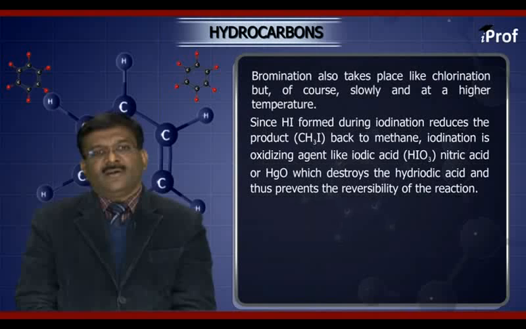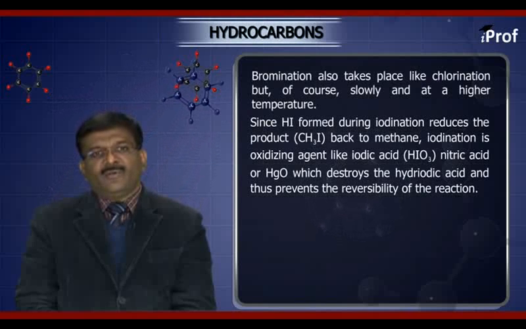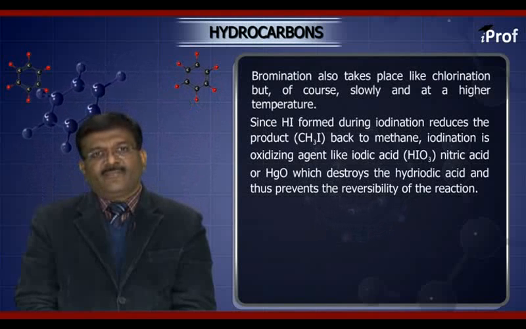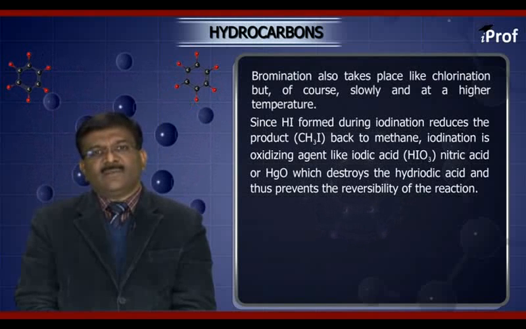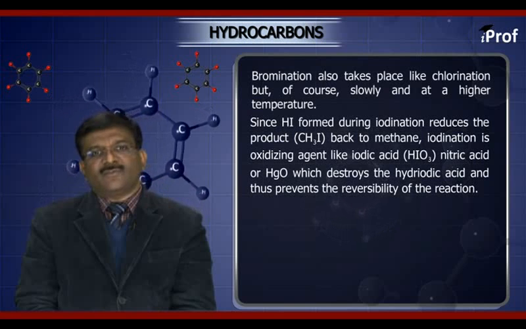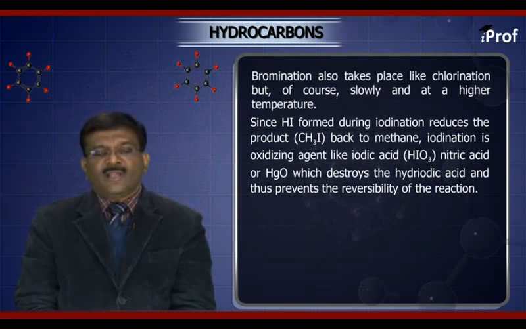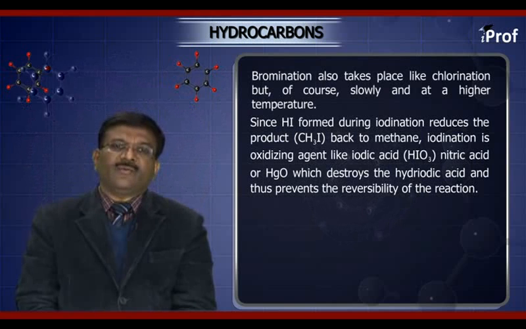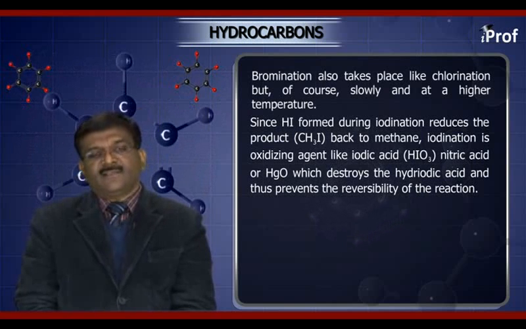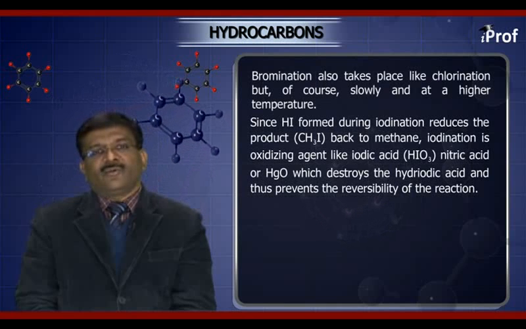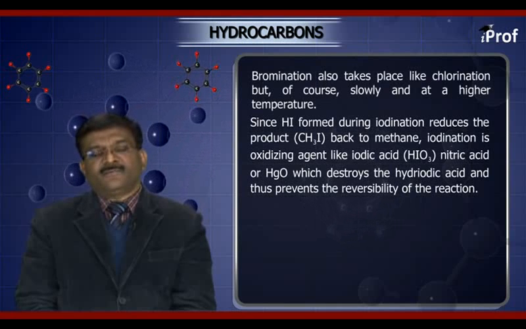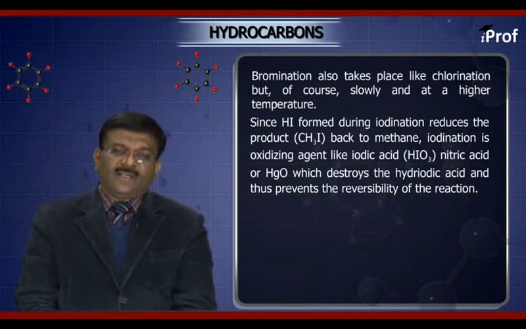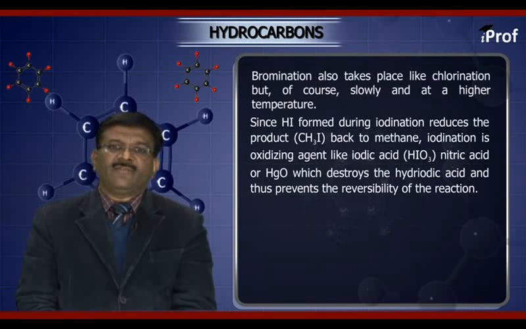Since hydrogen iodide formed during iodination reduces the product back to methane, iodination is reversible and hence must be carried out in presence of a strong oxidizing agent like iodic acid, that is HIO3, nitric acid HNO3, or mercuric oxide HgO, which destroy the hydroiodic acid and thus prevent the reversibility of the reaction.